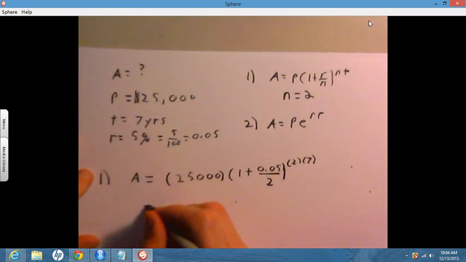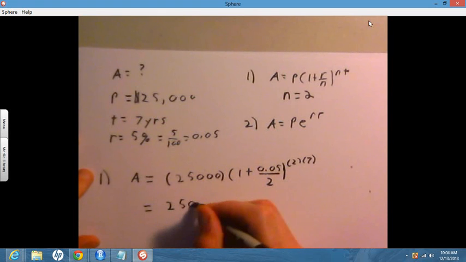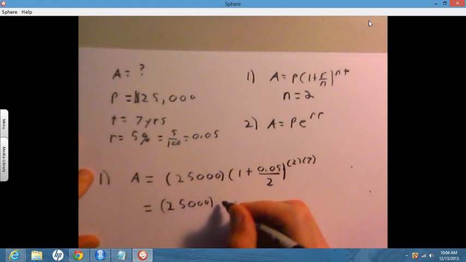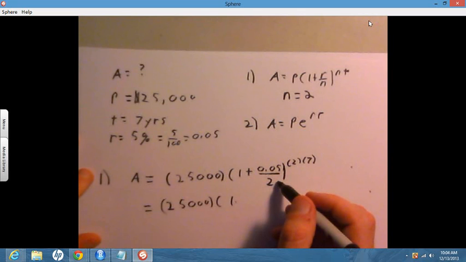So this is going to be equal to 25,000 times 1. Now 0.05 divided by 2 is going to be 0.025.